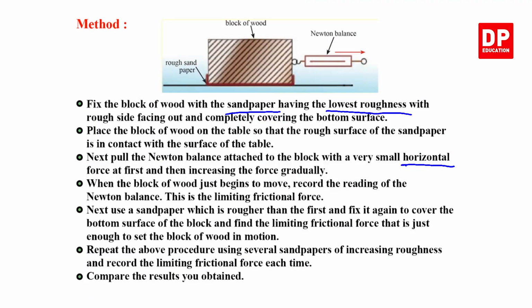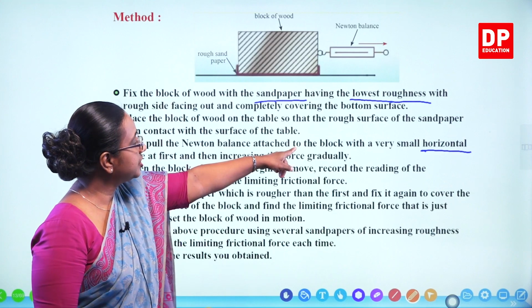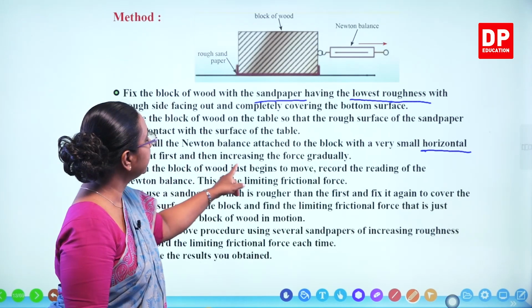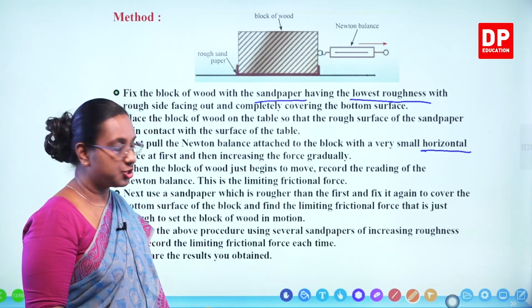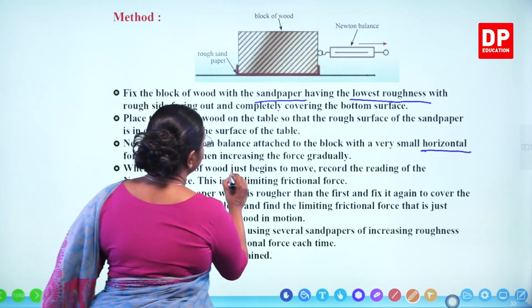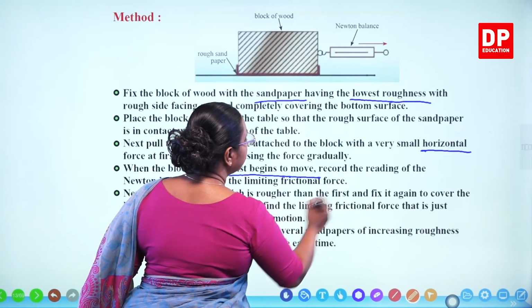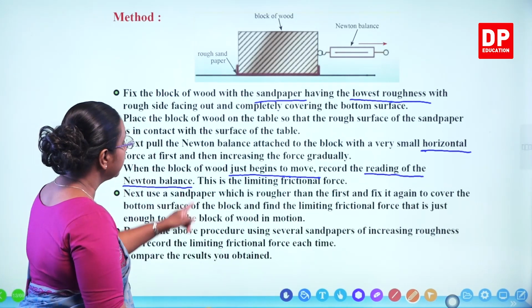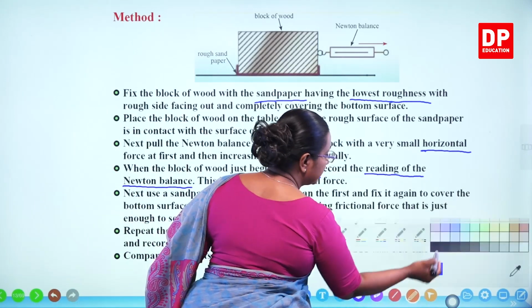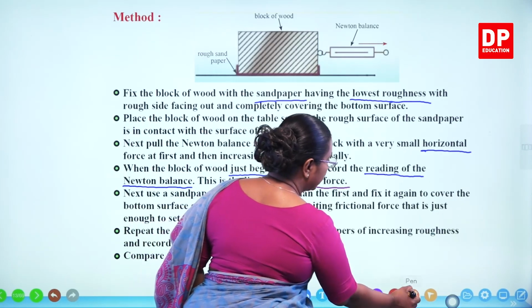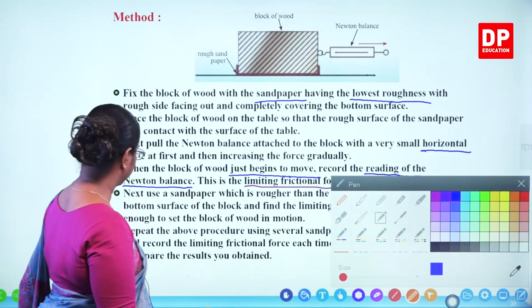So initially we apply a very small horizontal force and then increase the force gradually. When the block of wood just begins to move, record the reading of the Newton balance. This is the limiting frictional force.